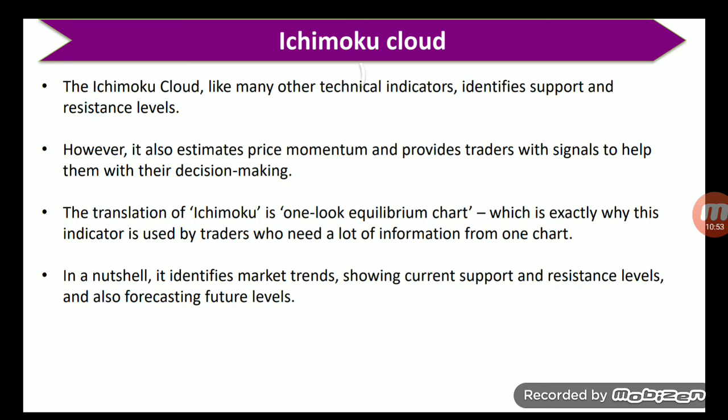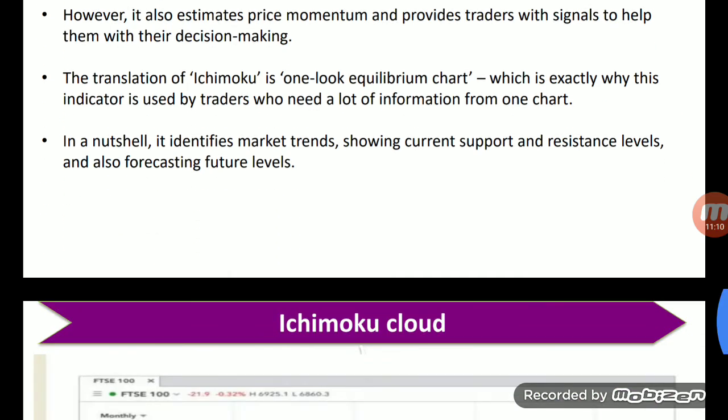In a nutshell, it identifies market trends showing current support and resistance levels, and also it has the ability to forecast future levels. So this is the Ichimoku cloud.